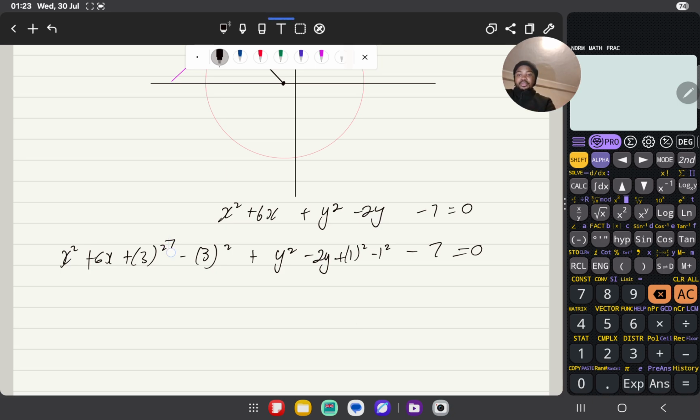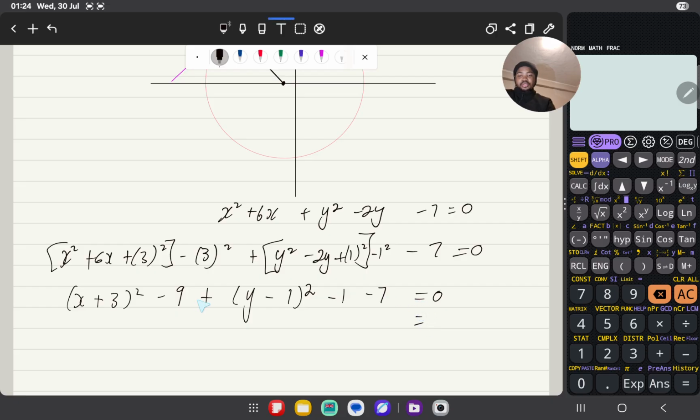Then you group the first three, so you have (x plus 3) squared minus 9, plus (y minus 1) squared minus 1, minus 7.